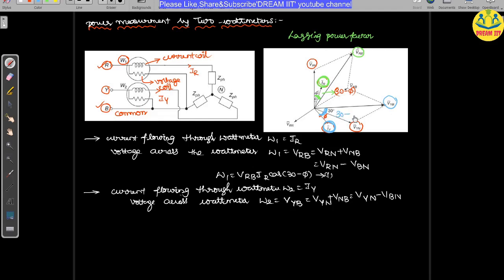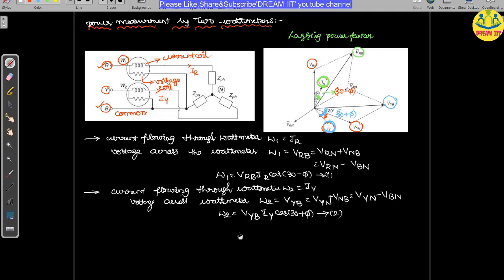Totally that will become 30 plus phi. So let us write the reading of wattmeter W2. W2 we can write as VYB into IY cos of 30 plus phi. That is the second equation. I think up to here you understand.